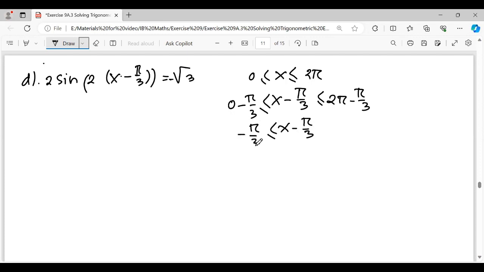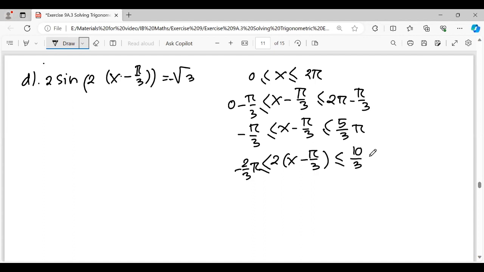So it becomes negative pi third to 6 minus 1, 5 third pi. After that, 2 times x minus pi third, times 2 is negative 2 third pi to 10 third pi.